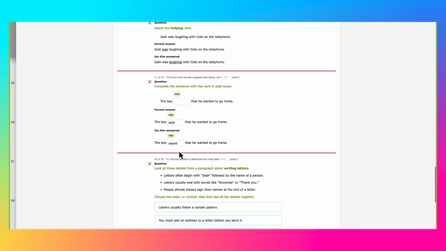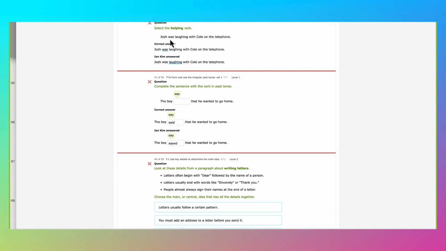Next, select the helping verb. So some helping verbs help either the tense or the conditions of the main verb. So, Josh was laughing with Cole on the telephone. Was laughing. So it's a past progressive.